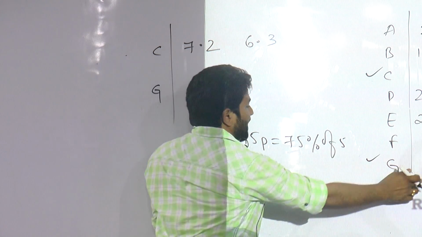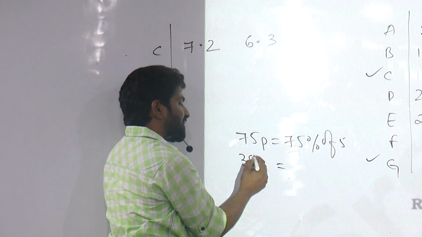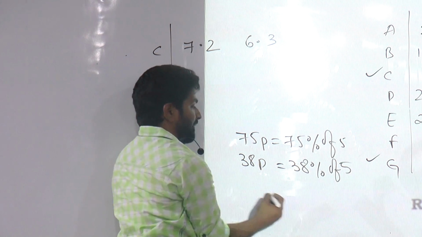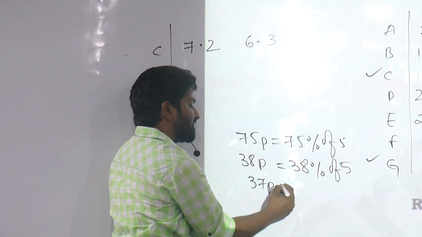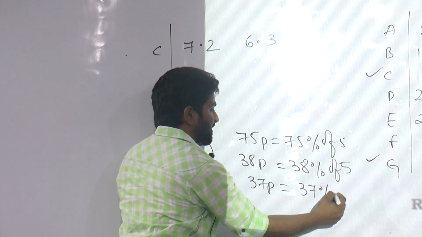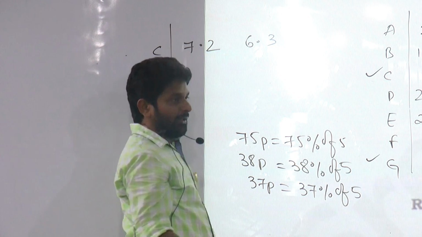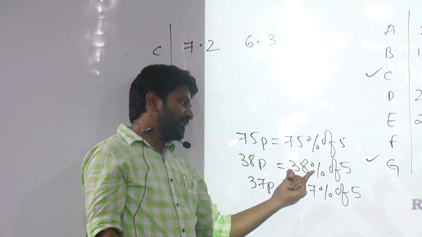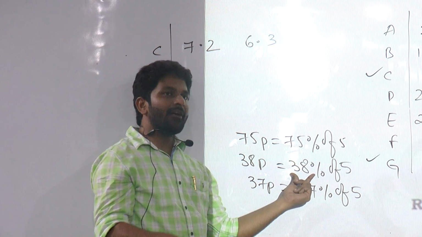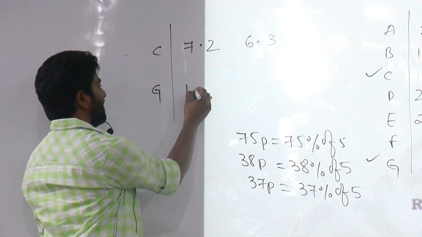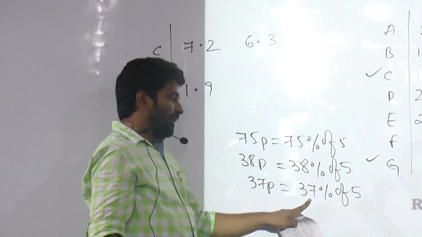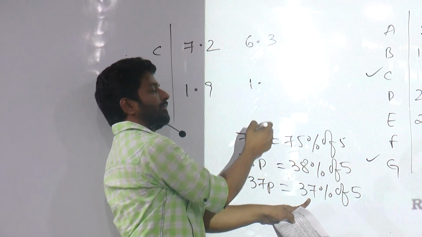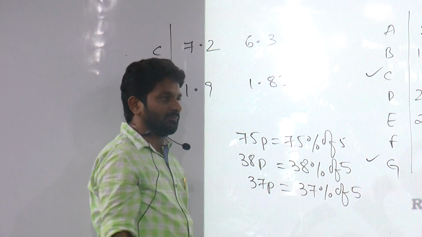And male are 38 parts. 38 parts will be equal to 38% of 5, and female are 37 parts, equal to 37% of 5. 38% of 5 or 5% of 38, one and the same. 10% is 3.8, half is 1.9. So these are 1.9 here. 10% is 3.7, half is 1.85.